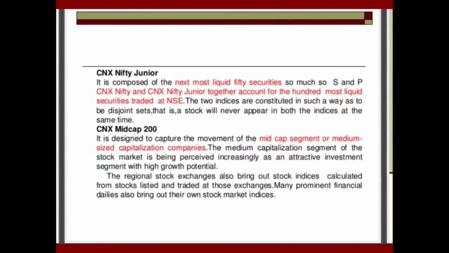It is composed of the next most liquid 50 securities, so S&P CNX Nifty and CNX Nifty Junior together account for the 100 most liquid securities traded at NSE. The two indices are constituted in such a way as to be disjoint sets. That is, a stock will never appear in both the indices at the same time.